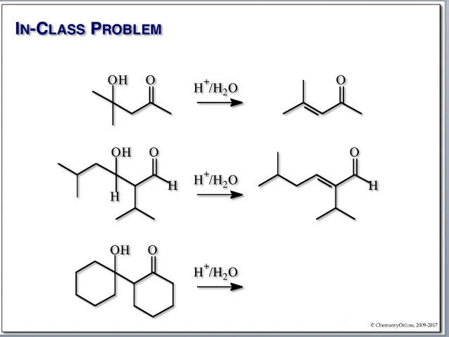We're going to remove the alpha hydrogen, remove the OH as water, and make the exocyclic alkene. Any questions?